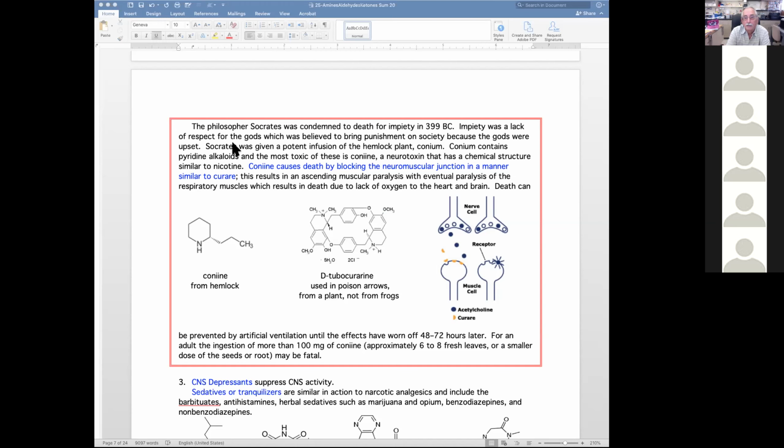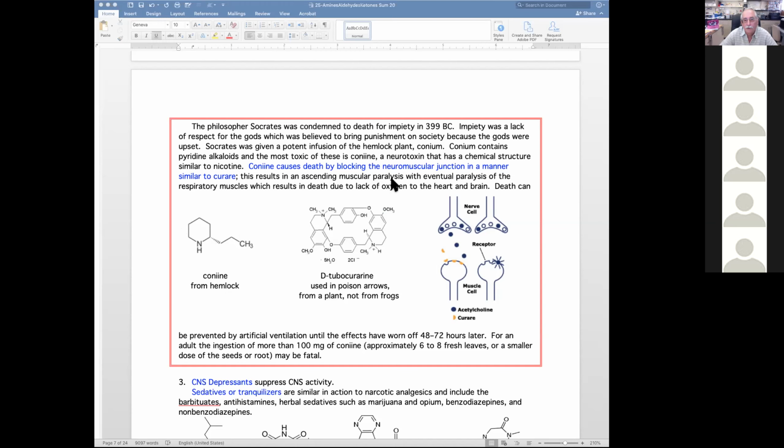So what they did is they gave him hemlock. Hemlock contains coniine. Notice it's a secondary amine, right? There's some stereochemistry here. And coniine causes death by blocking the neuromuscular junction, similar to what curare does.